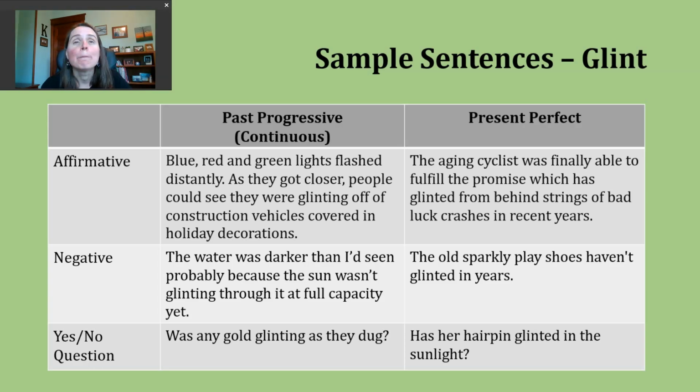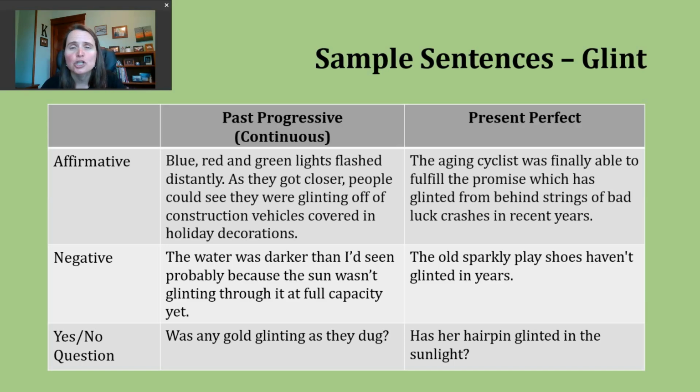It says, blue, red, and green lights flashed distantly. As they got closer, people could see they were glinting off construction vehicles covered in holiday decorations. So, as I looked for real examples of this verb being used, I would say I ran into or found many usages in literature.